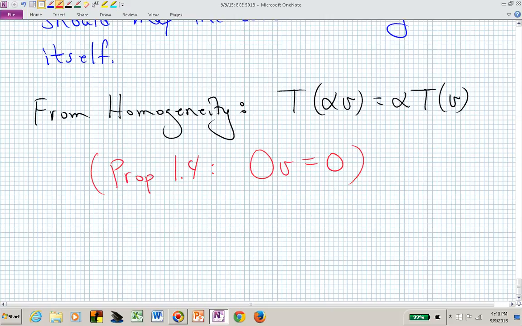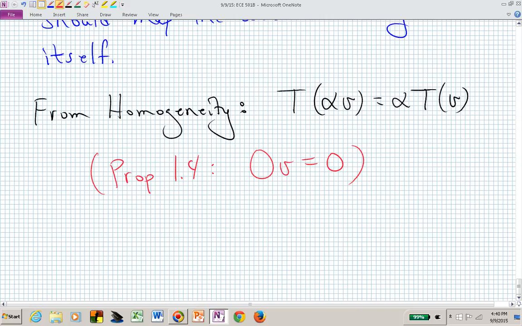So this is what we're going to use in many different places. If we have a vector from our input vector space, which we'll call V, and we scale that with the zero scalar, then what do we end up with? We end up with the zero vector in the result. That's proposition 1.4.